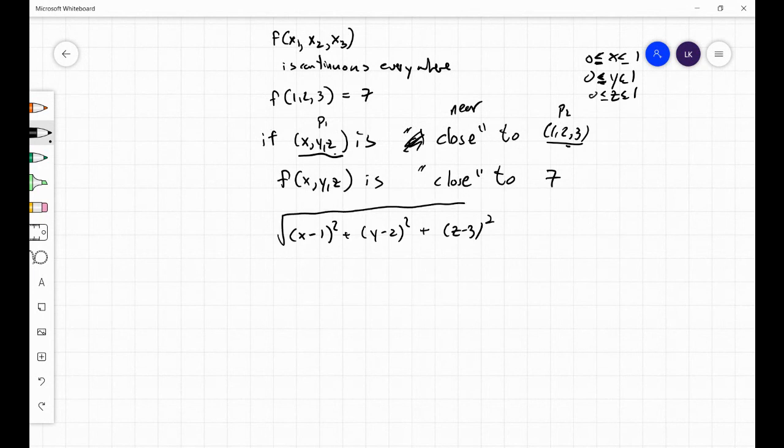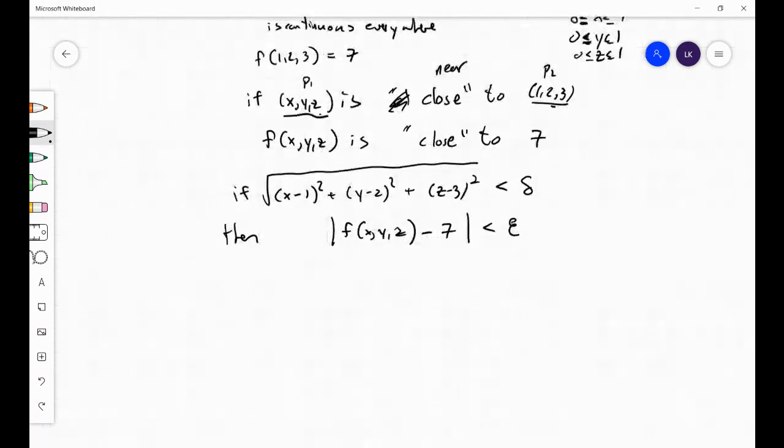If this distance is less than some prescribed amount, then it's guaranteed that the distance between the value of the function and 7 is small, it's epsilon close.